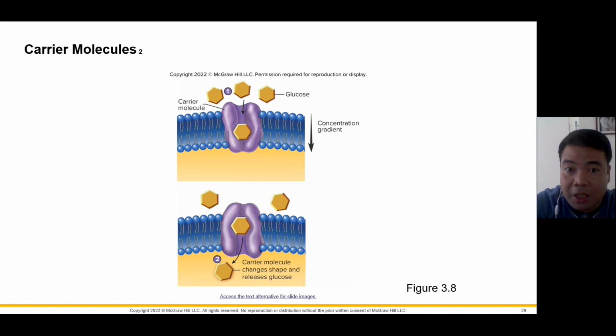For example, glucose enters the cell using a carrier molecule. Since it is specific, only glucose molecules can be transported by the glucose carrier across the cell membrane. It is only for glucose.